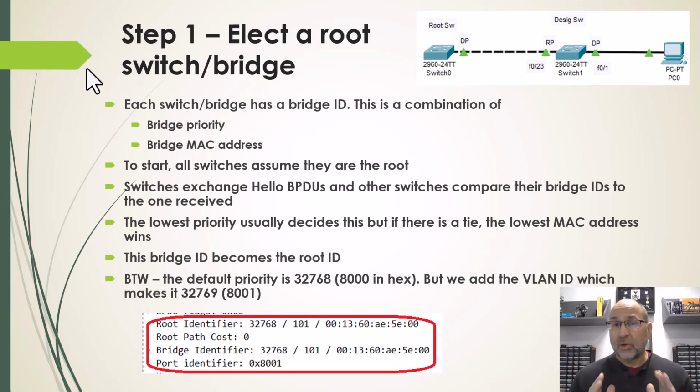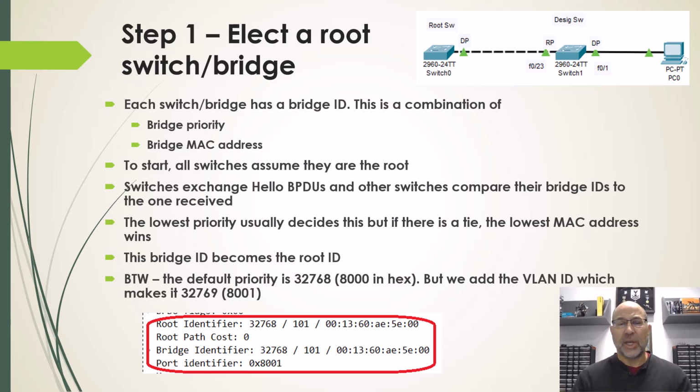Now, to elect a root, what we want is the lowest bridge ID. The bridge ID is a combination of the bridge priority plus the bridge MAC address. To start off this process, everybody believes that they're the root. And then we have to sort that out by exchanging the BPDUs.